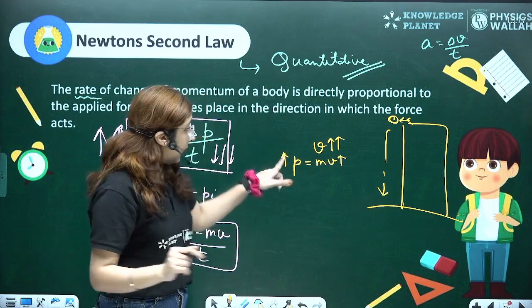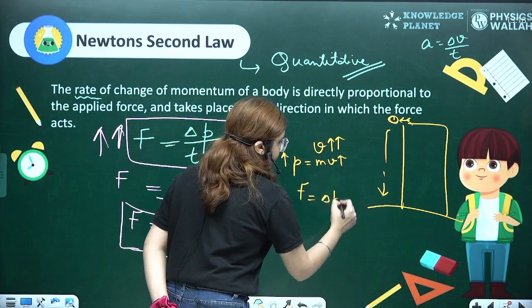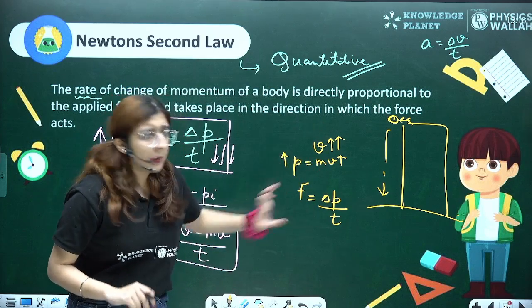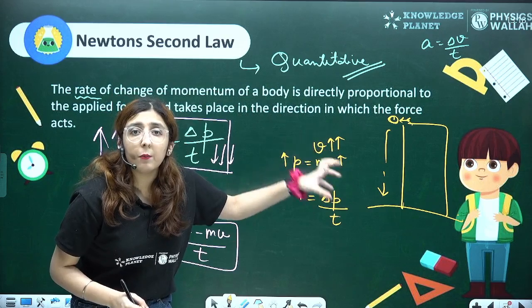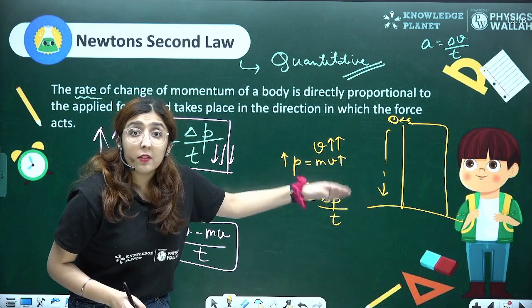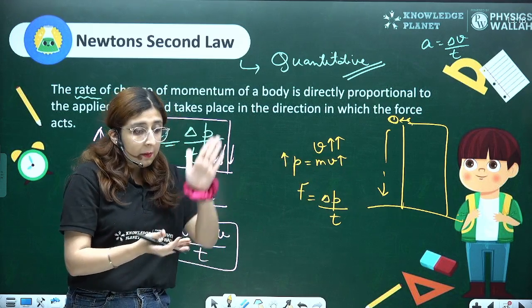But in this particular case, when we talk about force, it is the rate of change of momentum by time. In this scenario velocity is increasing, but when this person comes and hits the ground, the time changes very, very quickly.